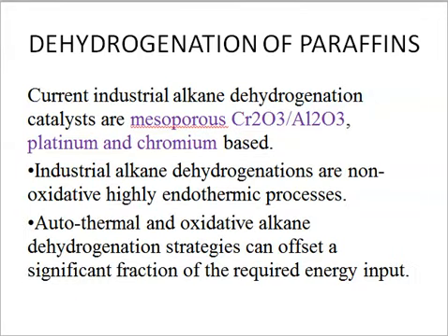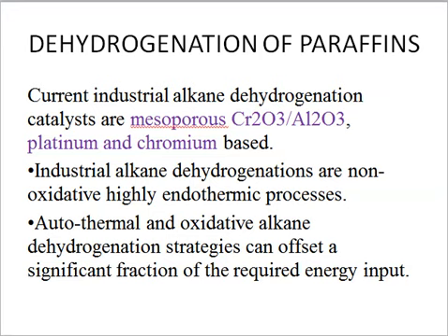So normally, when we have to carry out the dehydrogenation of paraffins, different reagents are used. The current industrial alkane dehydrogenation catalysts involve the use of mesoporous chromic oxide, aluminum oxide, or we may use platinum and palladium, or chromium based compounds. If you are going to use alkane dehydrogenation, the non-oxidative processes are highly endothermic, so they are important.